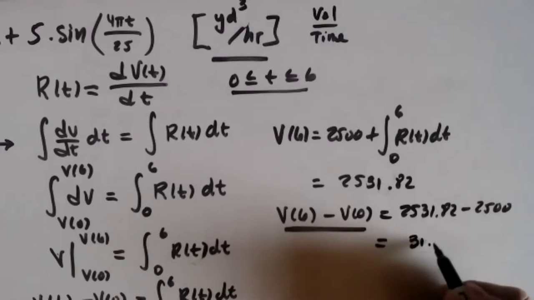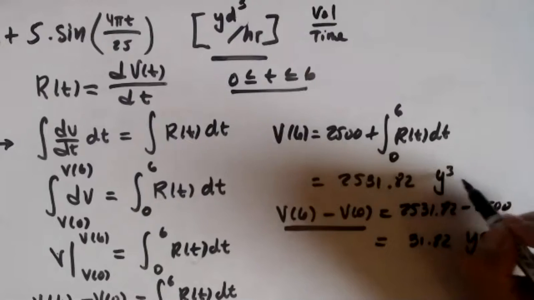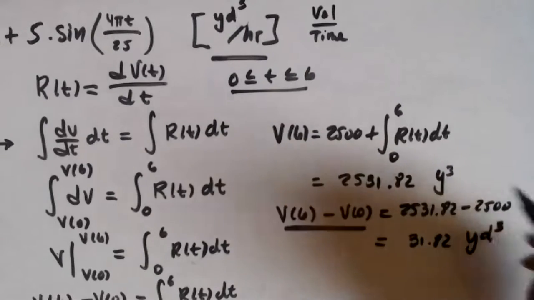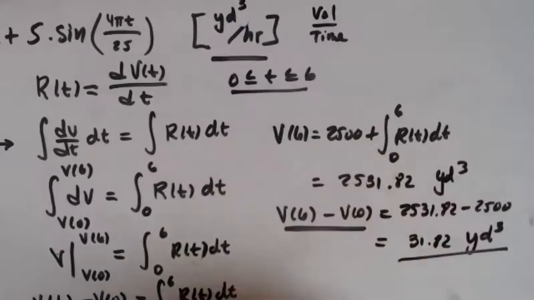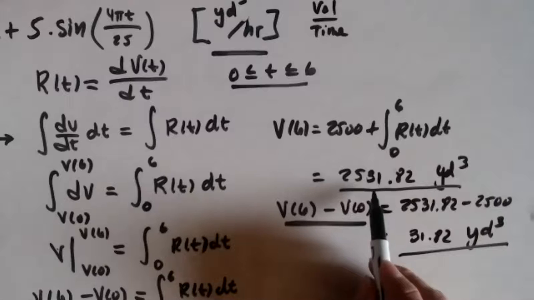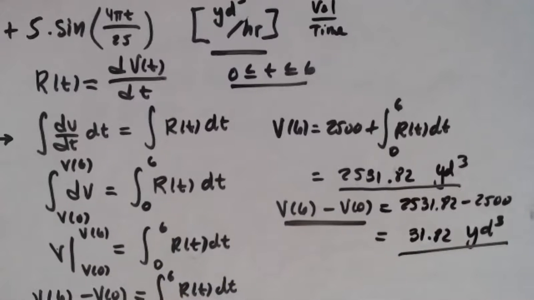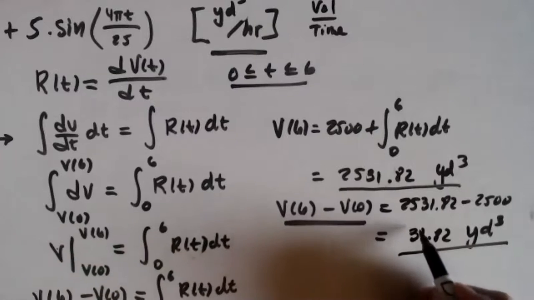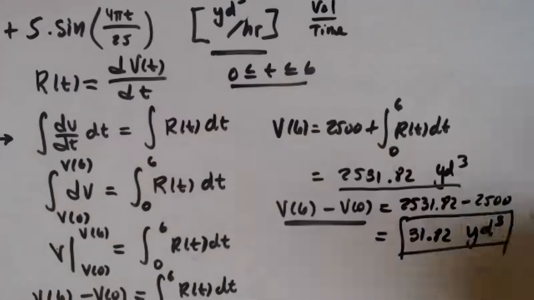It's 31.82 cubic yards, because these are cubic yards, correct? So I have the amount of sand on the beach at the end in V of 6 and this one. So this is the difference between V of 6 and V of 0. So this is what is going to be removed. The tide is going to remove 31.82 cubic yards in 6 hours.